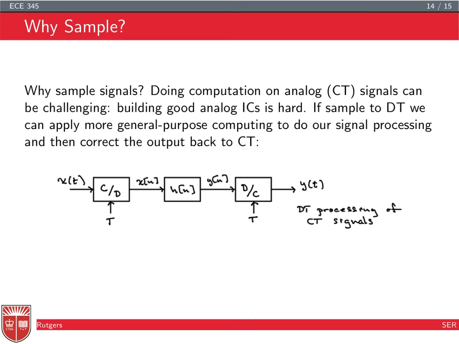So typically for band-limited signals, what we do is go from continuous to discrete by sampling, and then we process the sampled signals. Let's say it goes through a filter, we get the discrete output y of n, and then I can go back to continuous by using the recovery method that I talked about using the sampling theorem.